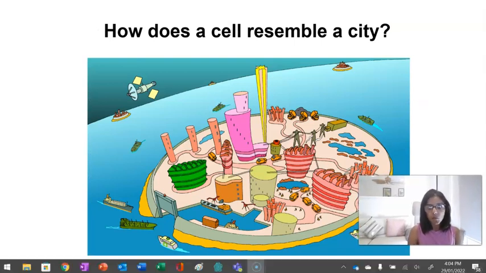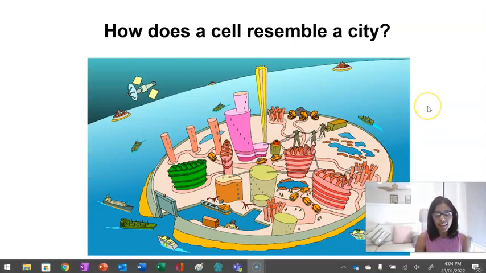Okay, so we often say that the cell resembles a city. If you think about this analogy, it actually makes a lot of sense. Cities sometimes have a perimeter wall round about it, and that's to stop anything from getting in or out that they don't want. But they will have channels that allow certain things to go in and out when they do want them to.